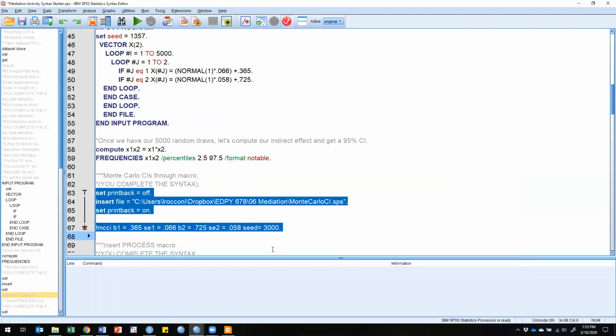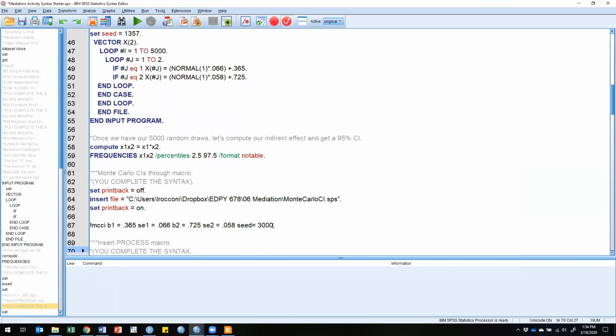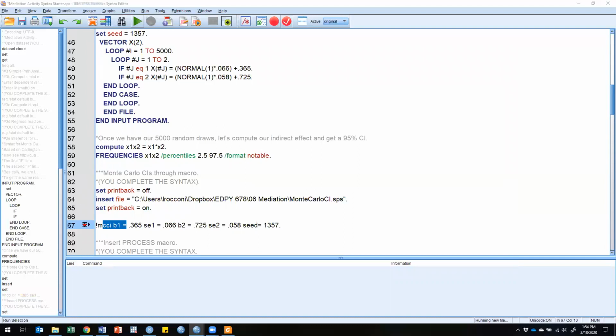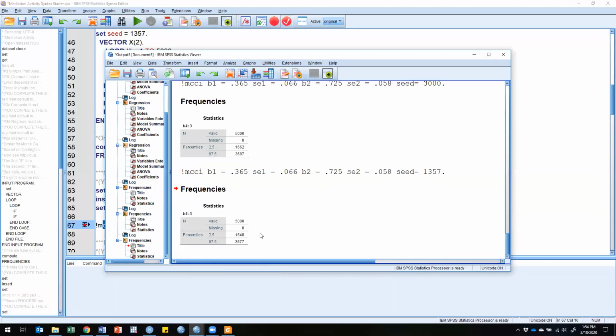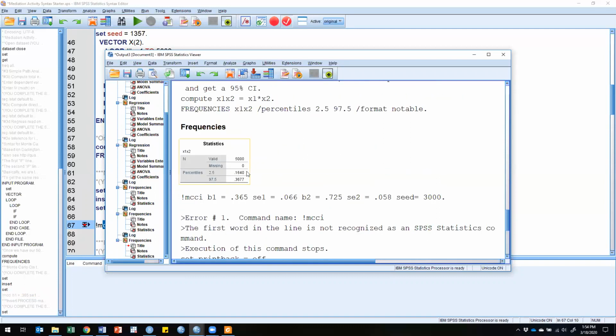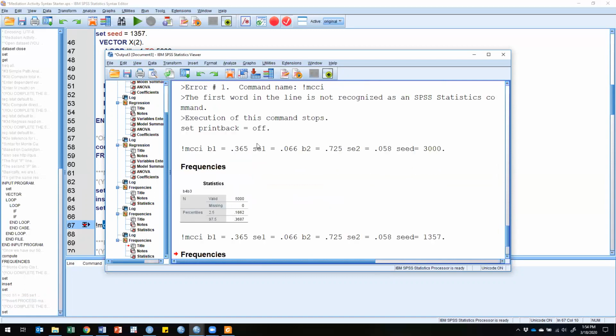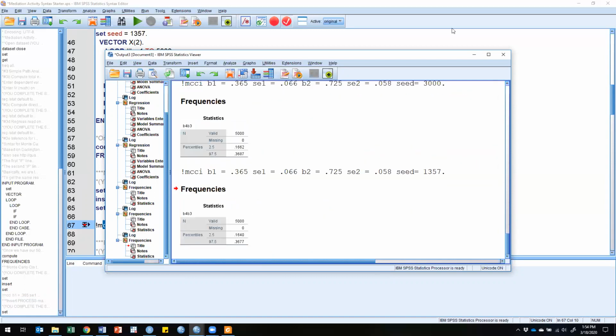If I changed my random number seed, I used 1357 this time, I should get what we had originally. So if you use the same random number seed, you'll get the same results each time.